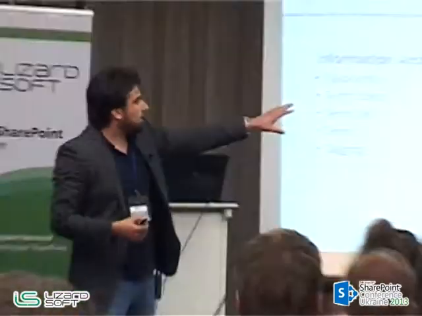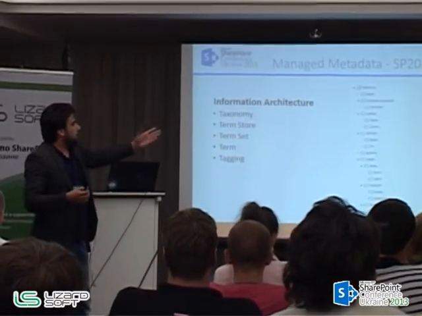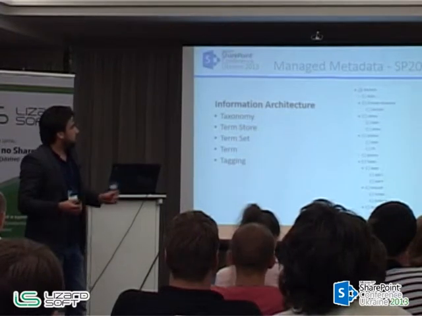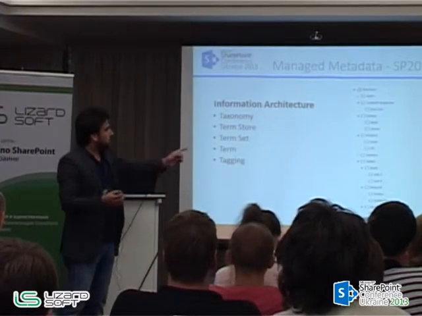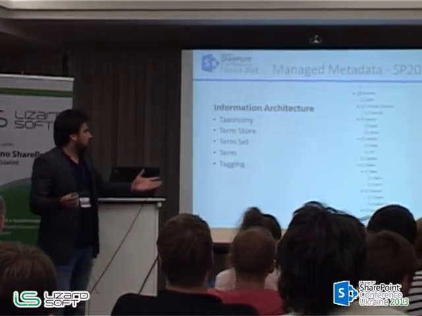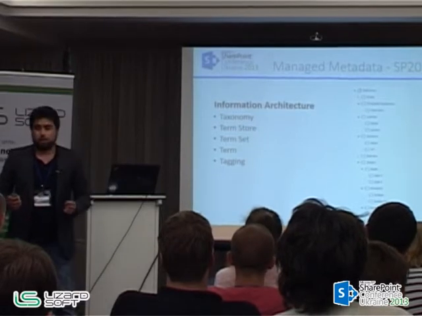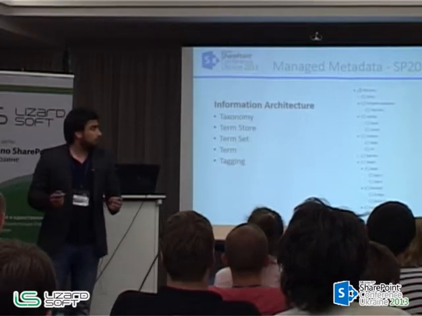You can see Audio is a term, Computer Accessory is a term, and then you have the Laptops term, and then you have terms within terms. Laptop has Apple or Lenovo, and then you have Monitors and all this kind of stuff. So we define information architecture for Contoso Electronics.